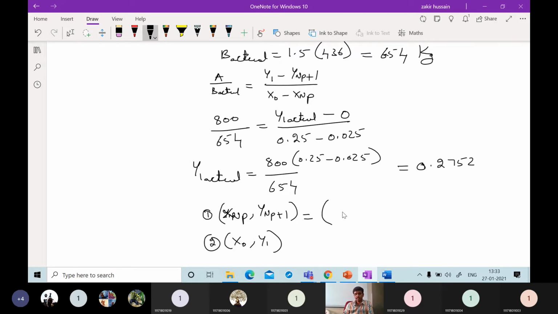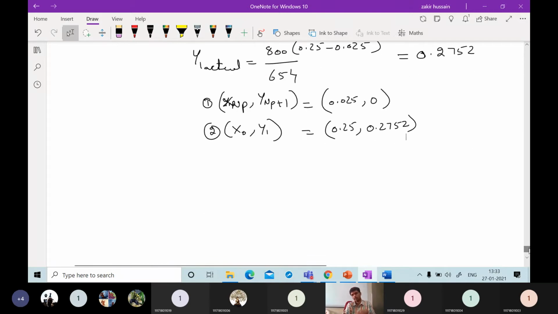So xnp is 0.025 comma ynp is 0, and x naught is 0.25 comma y1 actual is 0.2752. We obtained the data required for the equilibrium curve, and the points required to draw the operating line.